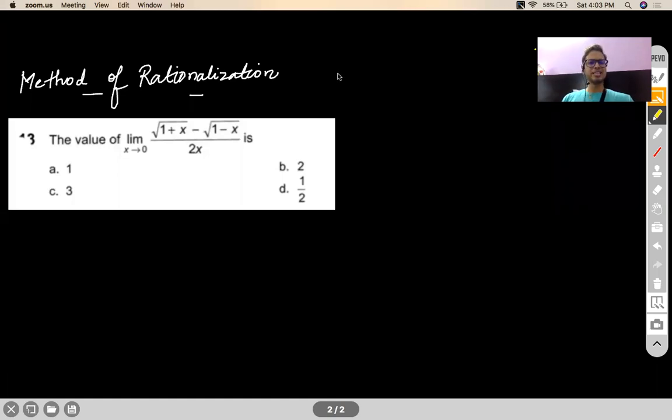Correct? So it's a case of 0 by 0. Yes or no? The method of factorization will also not work directly, because you cannot factorize the numerator as it contains irrational expressions. So what do we do in such a case? Let me take this as an example question, then I'll give you some follow-up questions. We rationalize the numerator over here.